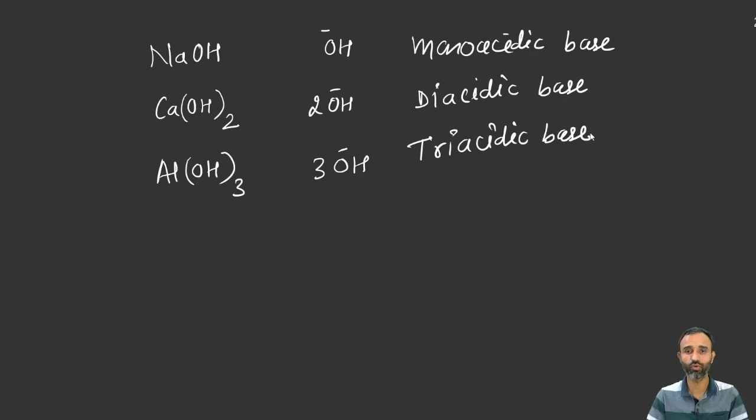Many number of OH negative ions if it gives, it is called polyacidic base. Di, tri, so on, they are all under the category of polyacidic bases. So this is the definition of dibasic, tribasic acids or diacidic, triacidic bases, and polybasic acids, polyacidic bases.